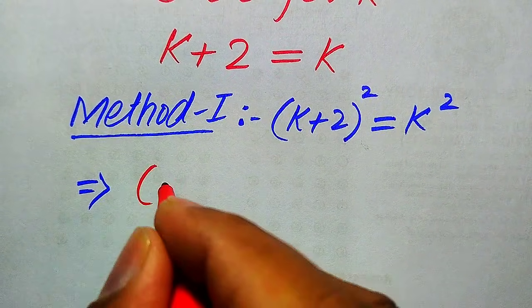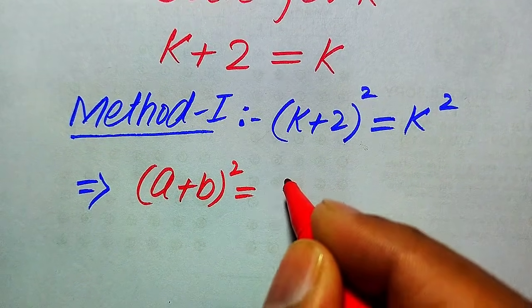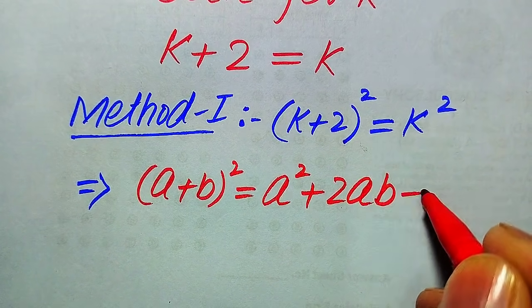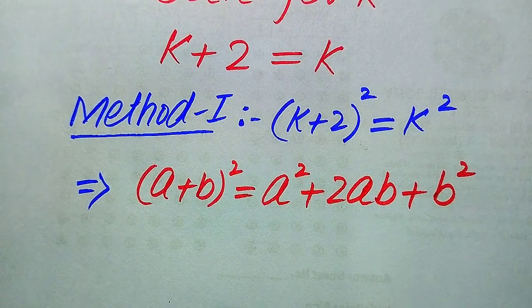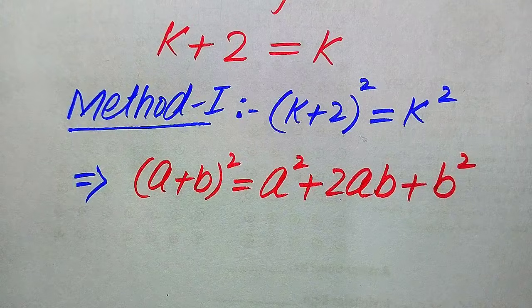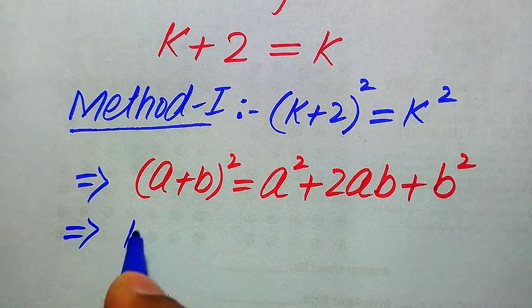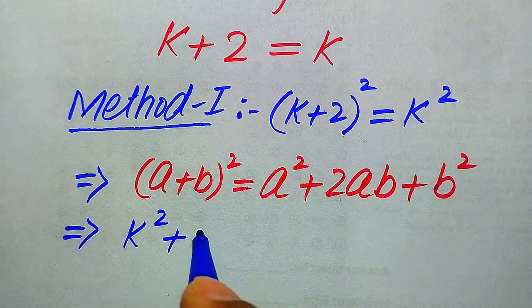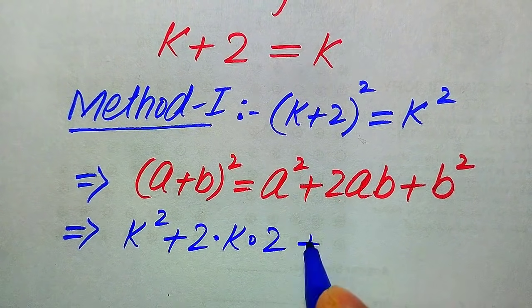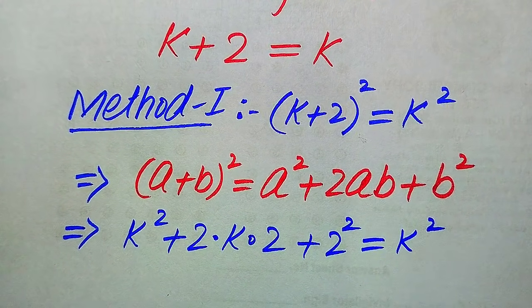You know that (a+b)² = a² + 2ab + b². According to this formula, we can expand the left hand side of the above equation, and it becomes k² + 2·k·2 + 2² = k².